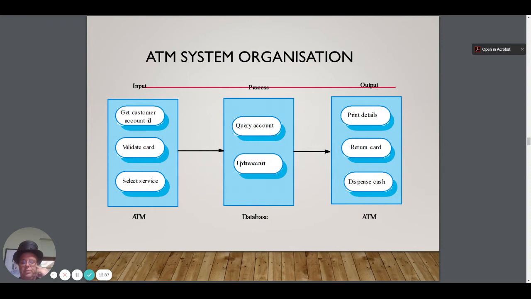The input and output subsystems are implemented as software in the ATM, whereas the processing subsystem is in the bank's database server. So this shows the architecture of this, and he's added some detail of the basic input-output diagram to show components that may be involved in these particular activities. I've deliberately not suggested how these internal components interact, as the sequence of operation may differ from one machine to the other, is what he stated.